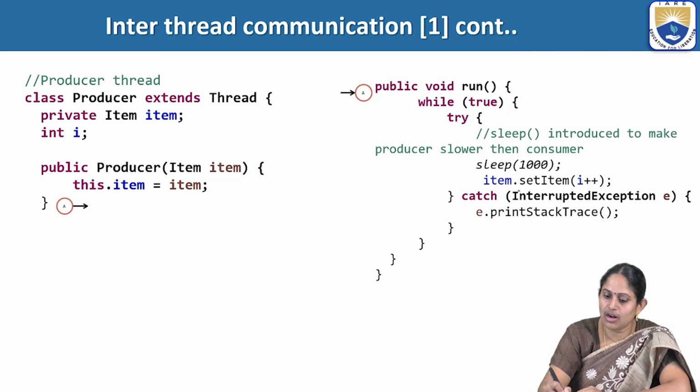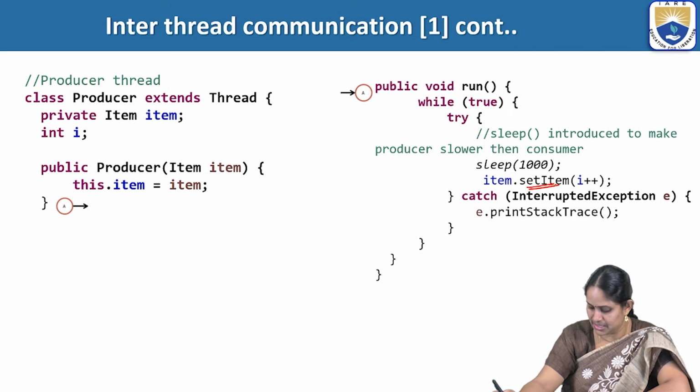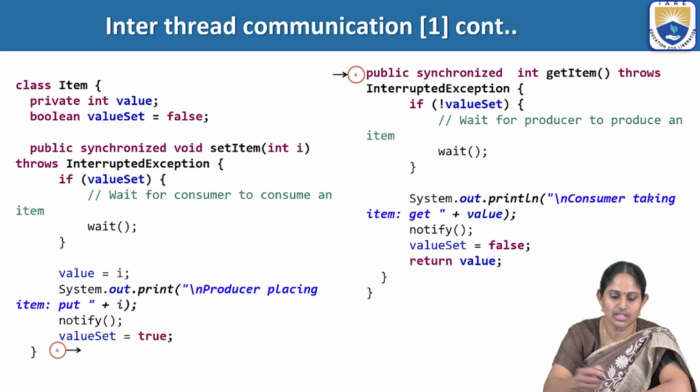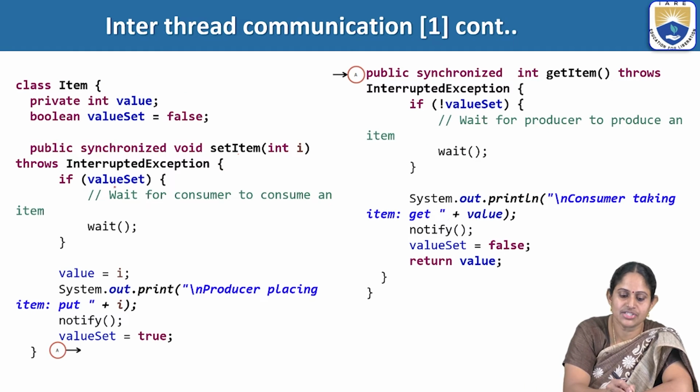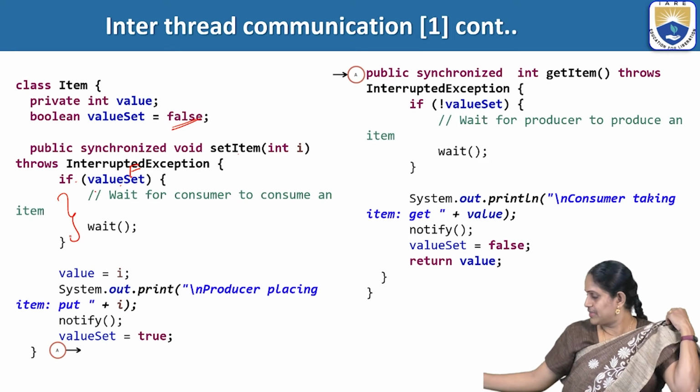So it will call the set item method of the Item class. So what is happening inside the set item? It is checking whether the value set is true or false. Initially the value set was false, so this was false. If false, this set of statements won't get executed.